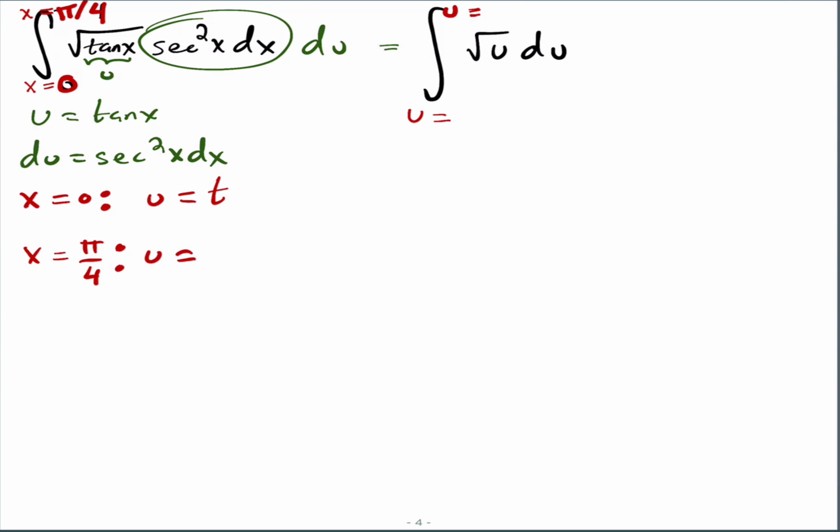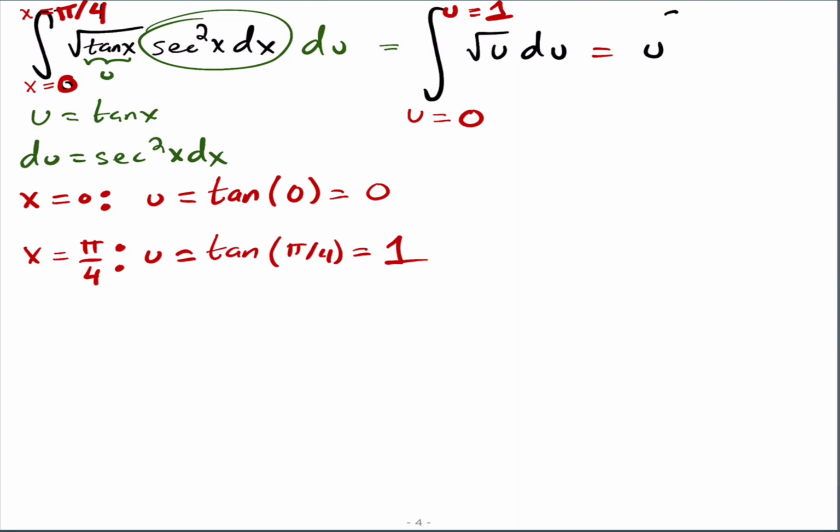Okay, so then I plug them into my substitution, which was tangent, right? So tangent of 0 is 0. Tangent of pi over 4 is 1. So then u is going to go from 0 to 1. Does that make sense? Okay. And then I find the antiderivative, so we add 1, right?